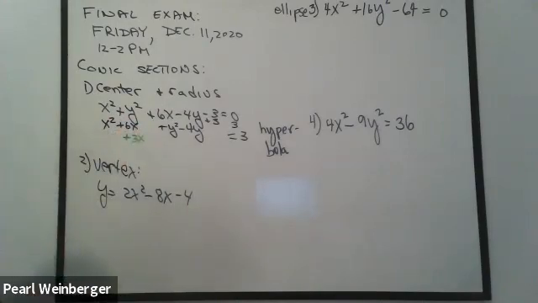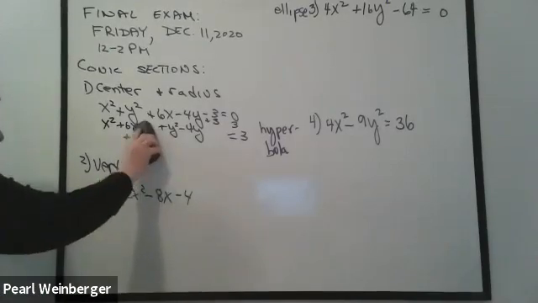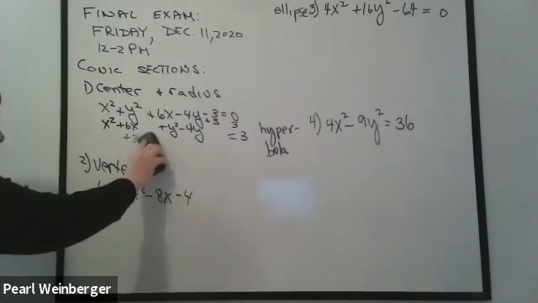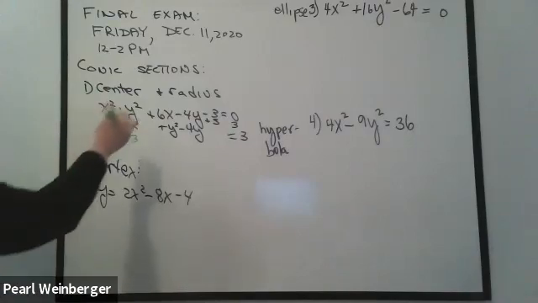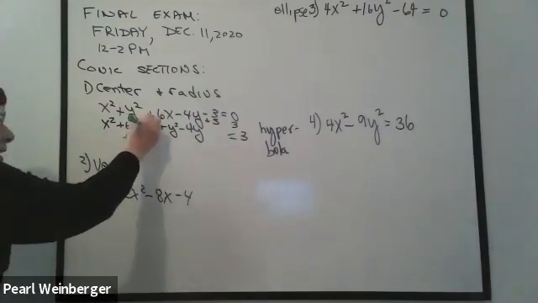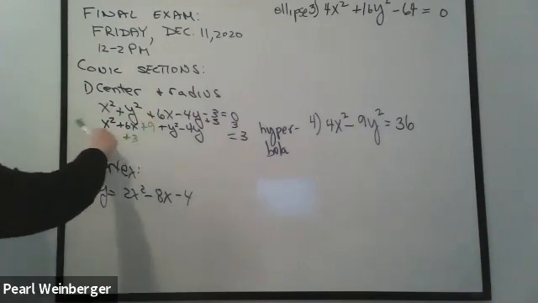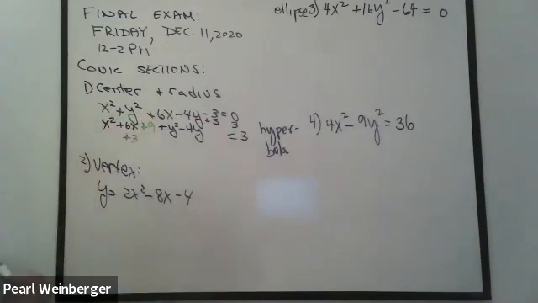What we do with that number is we multiply it by itself. I'm sorry, you just take half of the number. So half of 6 is 3. 3 squared is 9. I'm going to have to add 9 to complete the square on the x squared plus 6x part.